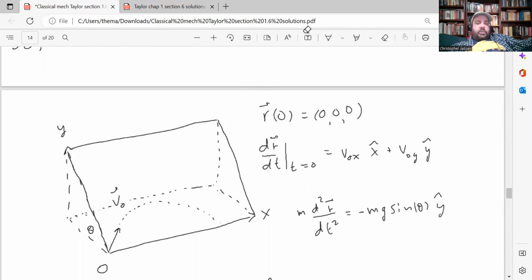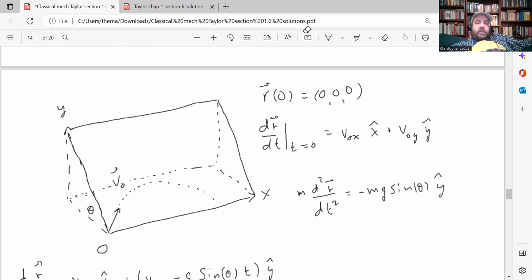Right, so again, to start by drawing the picture, this is our inclined plane. It makes an angle theta here with the horizontal. This is my origin on this corner here. The positive x-axis lies along the bottom of the plane. The positive y-axis lies this way, and z is normal to the board.